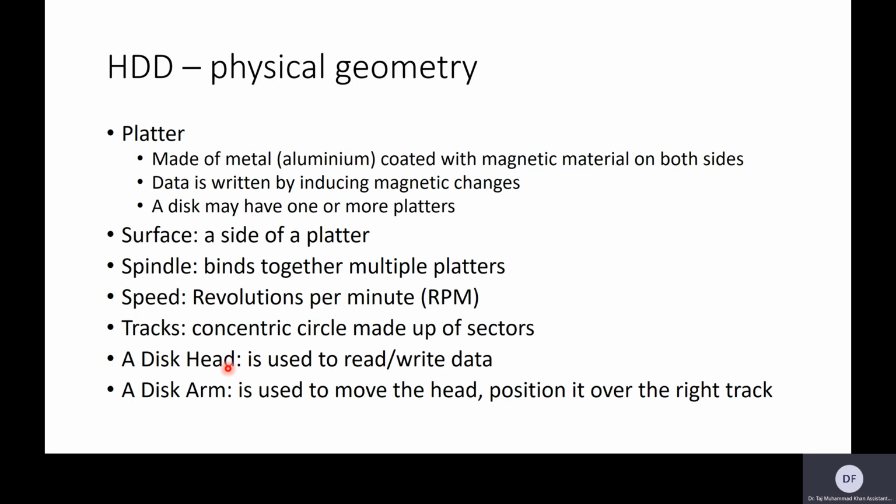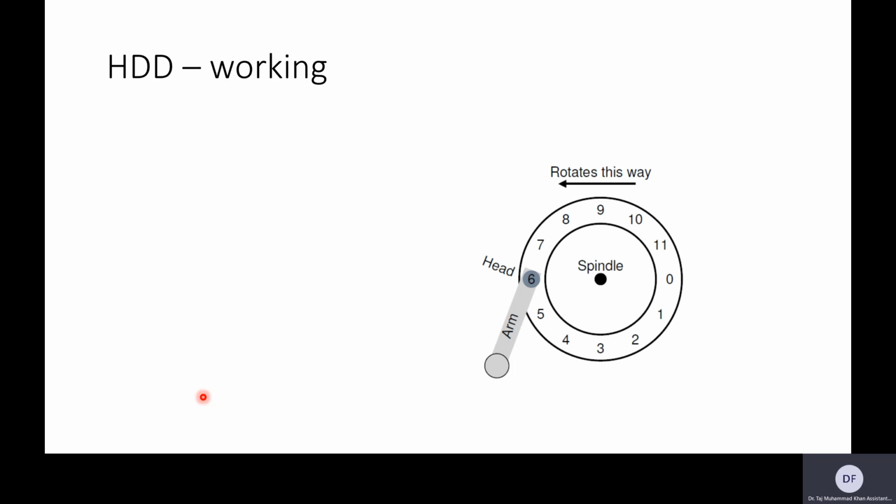Okay, so the disk head moves on the surface of a platter, and it moves between different tracks and different sectors, and it can write data in that magnetic material. And this head is moved by a mechanical device called a magnetic arm. So this head is attached to a magnetic arm, and basically the arm moves the head across different tracks on a platter surface. So let's look at a simplified example.